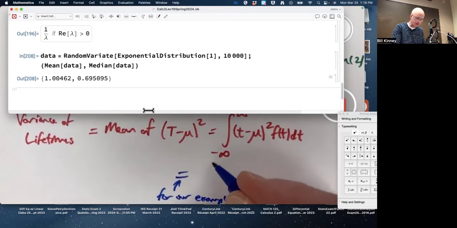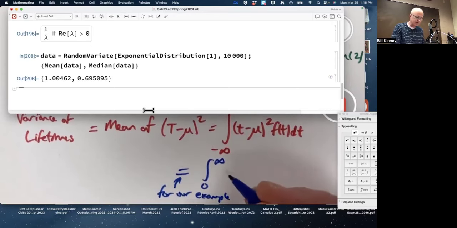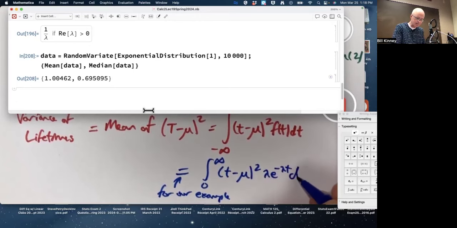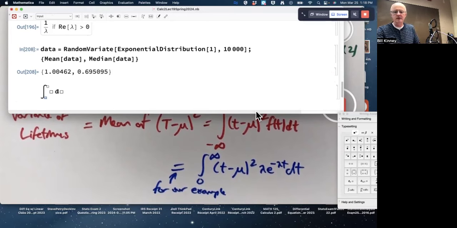You should be able to use them for more general examples. For other examples, we just can go from 0 to infinity. T minus mu squared, f of t again is lambda e to the negative lambda t. So let's have Mathematica compute that improper integral. It will converge when lambda is positive, which I'm assuming.